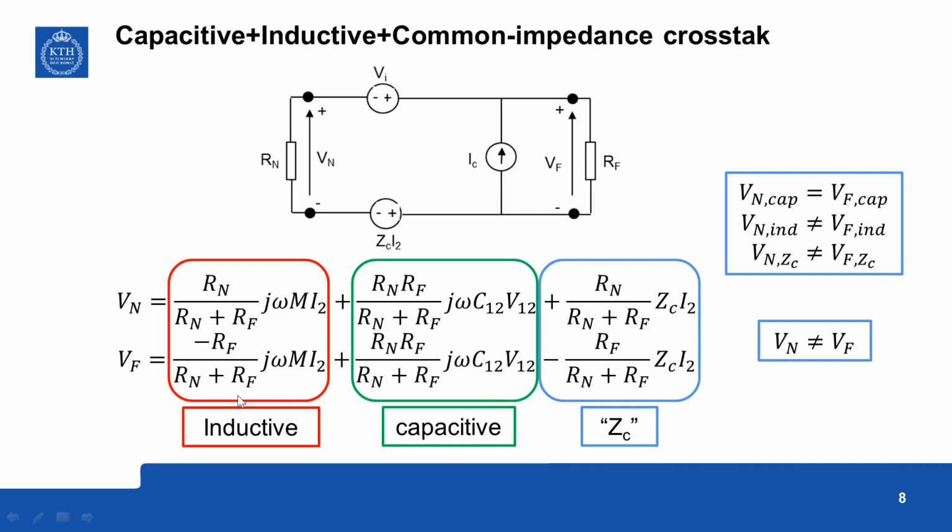Now we also add the common impedance crosstalk to the equivalent circuit. We neglected the parallel capacitance to the ground and the series inductance. So this is the common impedance. Since the current is assumed to flow like that, this is with positive polarity.